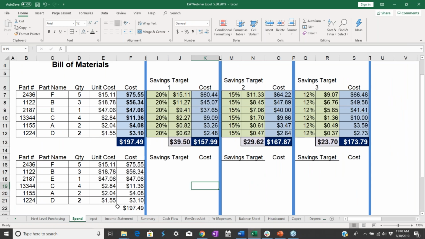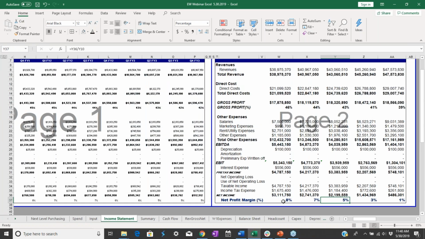So I have a couple of questions. If we go back to this statement here, if we operate for the next fiscal year with these cost parameters and these revenue projections, we're looking at about an 8% net margin.